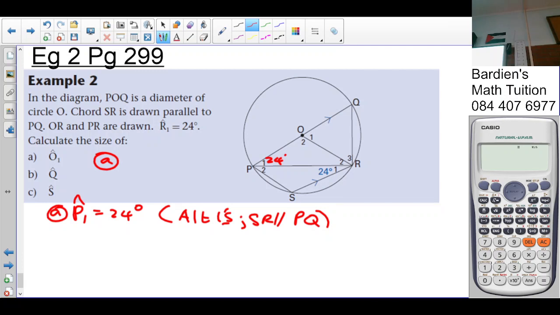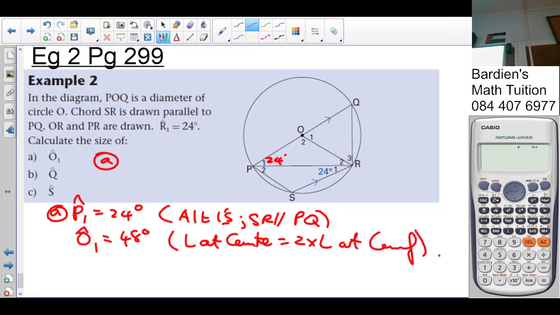Then we see that O1 was double angle P1, which is 48 degrees. Why? Angle at center is equal to 2 times the angle at circumference. Okay, it is 48. Note that I'm populating the diagram.